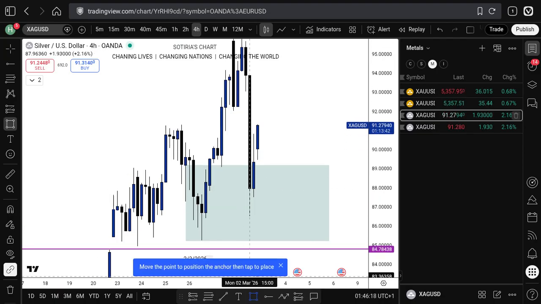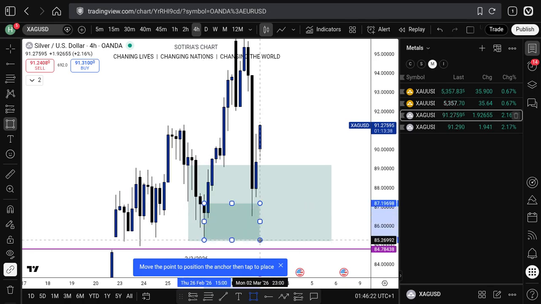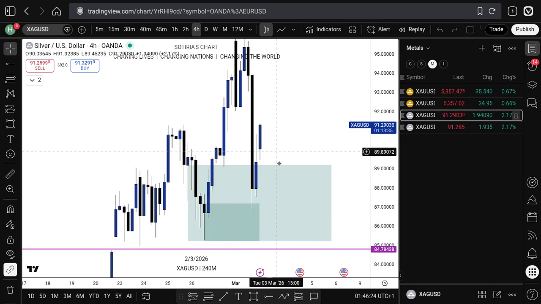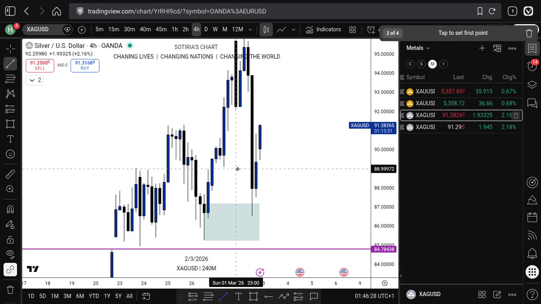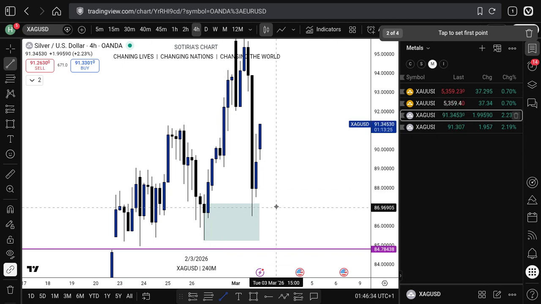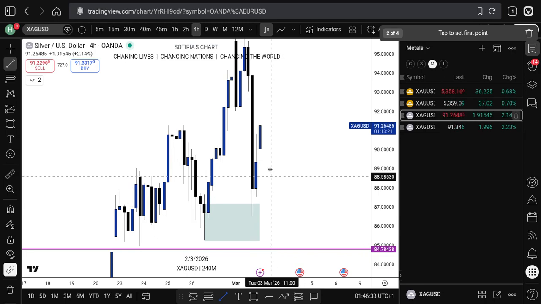The level I wanted to buy from last week as a confirmation, but price missed it. So price has tapped into it. One of the reasons why I didn't take this was my inducement is not clear around here. So I'm just gonna wait and see what price does.